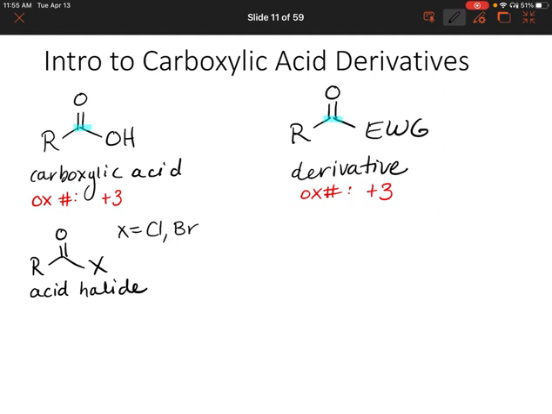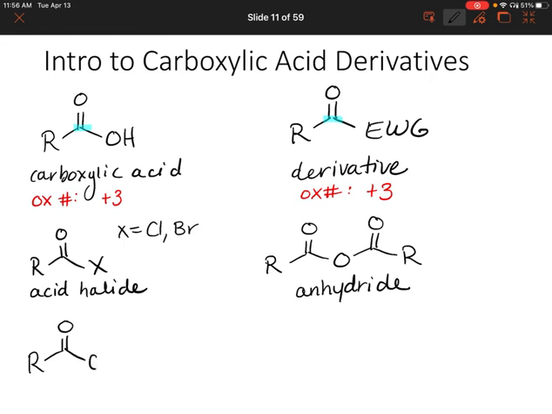We can also replace that OH group with another carbonyl group, and this molecule would be called an anhydride. We could also replace OH with OR to create an ester. We saw that last time.